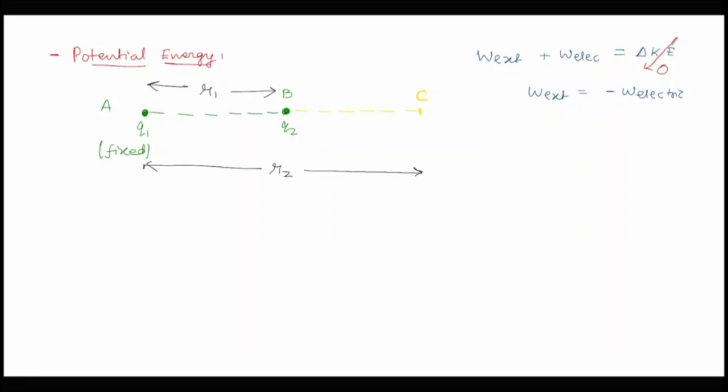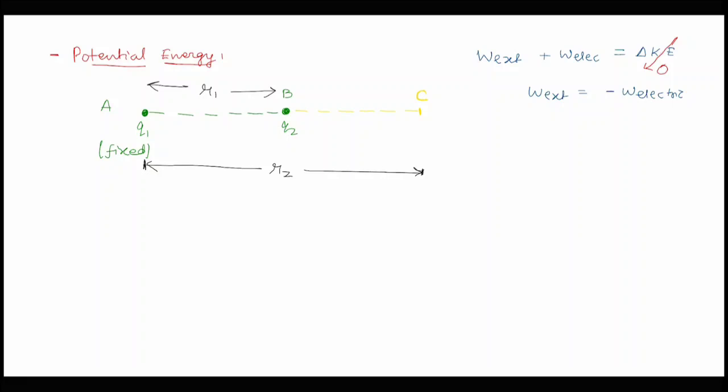While the charge particle is displaced from B to C slowly, the force acting due to the electrostatic interaction is k q1 q2 by r square, and since the distance is not fixed, the value of this force is variable.